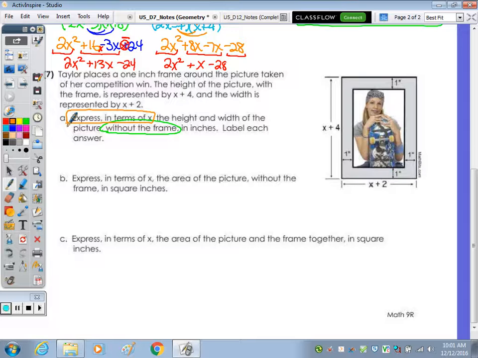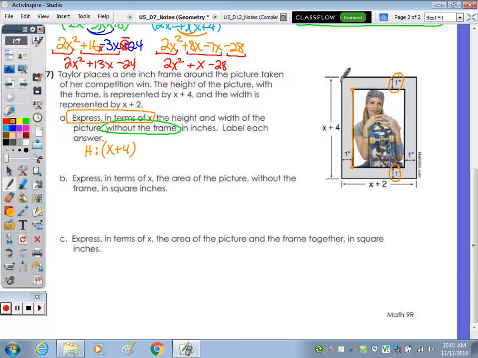So let's just focus on the height. Okay? The total height is x plus 4, right? But then the picture only goes from here to here, and you have this 1-inch frame.